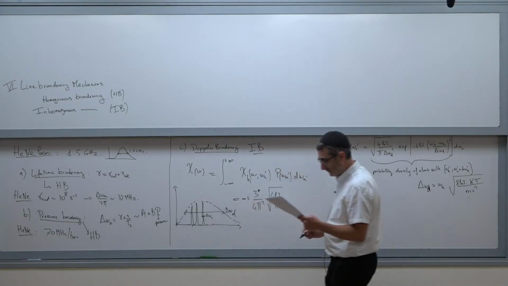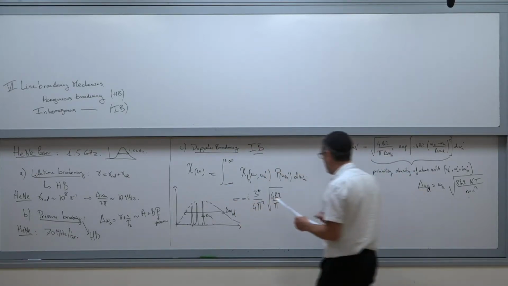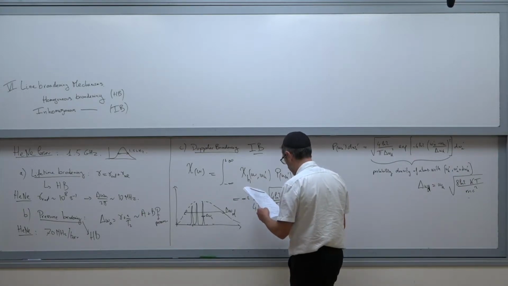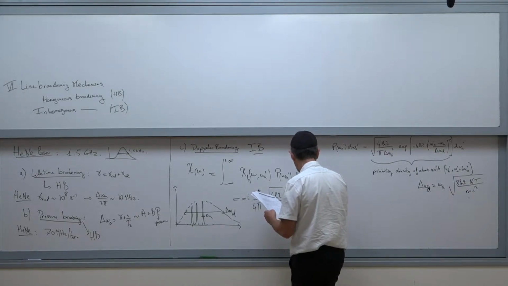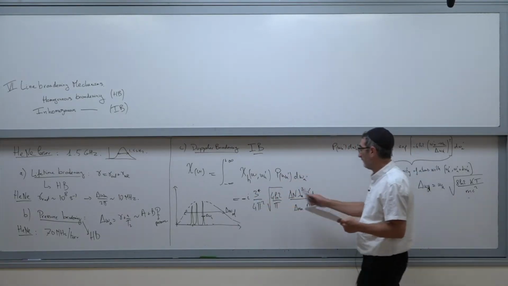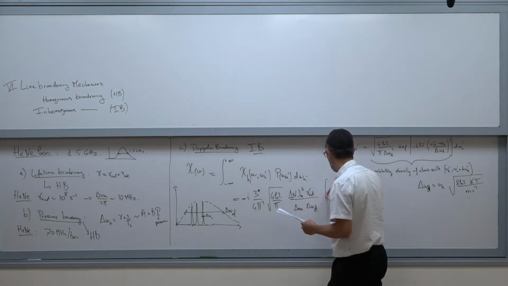So that's the constant. Then you have delta n times lambda A squared times gamma radiative over delta omega A times delta omega D. So that's the constant term here. And all these times the integral, which is quite complicated.